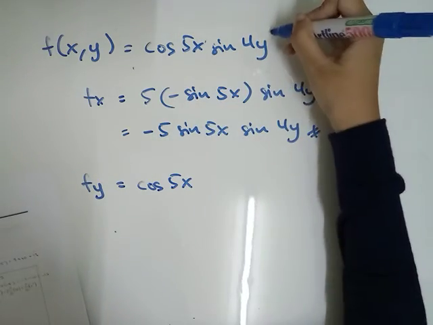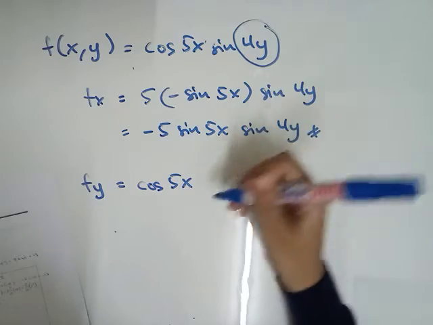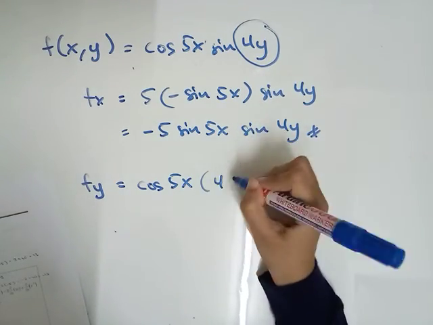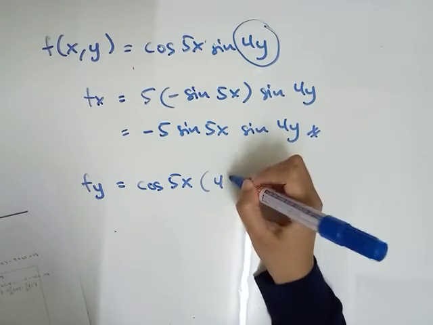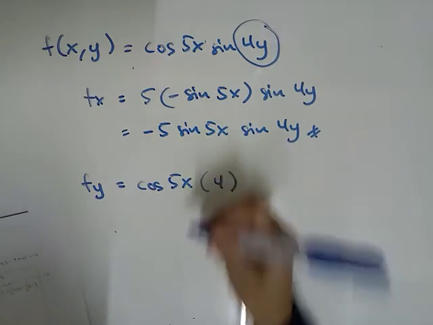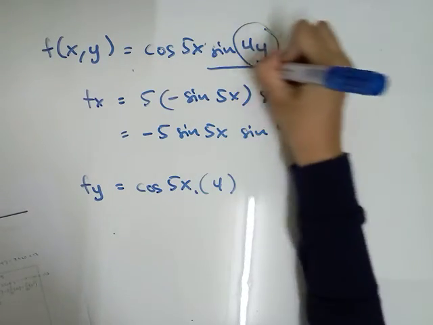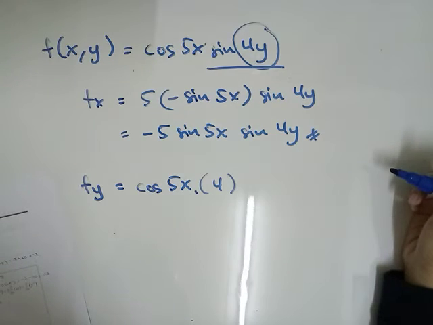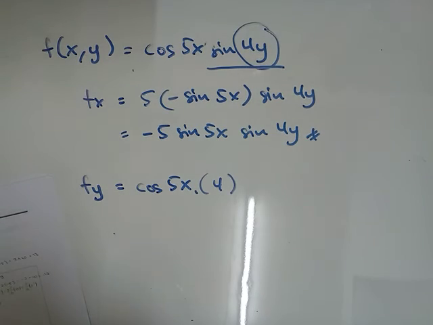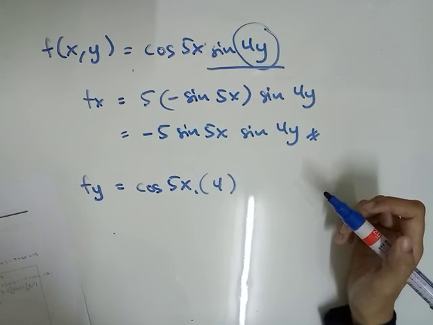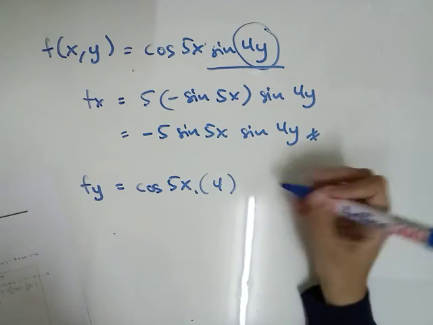First, you need to differentiate 4y. Differentiate 4y, we get 4. Right? This is multiplied. And then differentiate sin 4y, you get cos 4y.